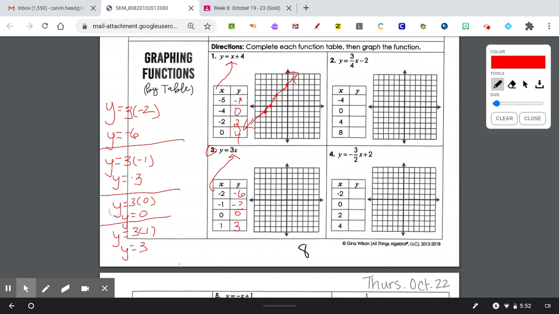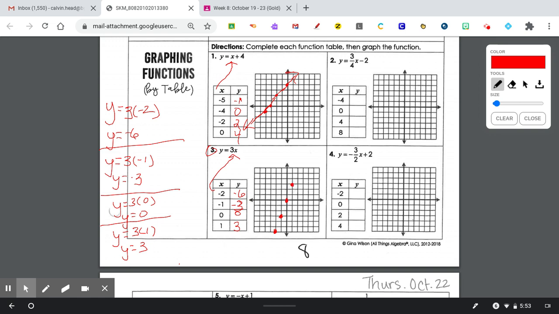All right, now I'm going to graph it. So -2, -6, my first point. -1, -3, my second point. 0, 0, it's right there at the origin. 1, 3.